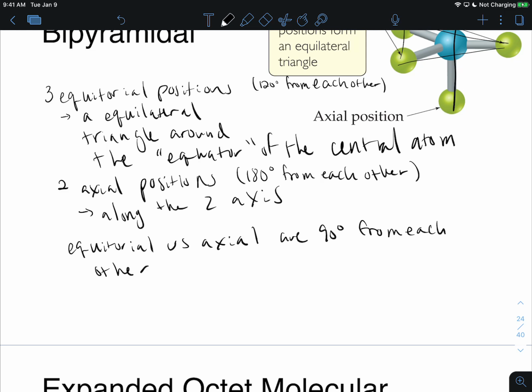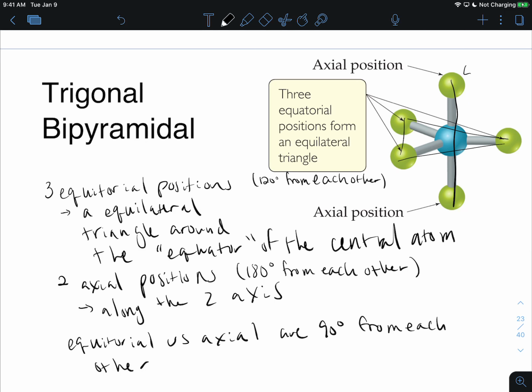Okay, so what happens is anything that is on an axial position is going to feel more repulsion than something on an equatorial position. Reason being, each of our axial positions is 90 degrees away from 3 equatorial positions, while our equatorial positions are only 90 degrees away from 2 axial positions.